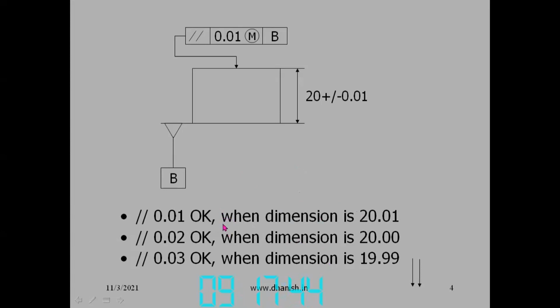That is the maximum material condition. If the thickness is decreased to 20.00, then a parallelism tolerance of 0.02 is also okay. And if the thickness is decreased to 19.99, that is 0.02 less, that 0.02 gets added to 0.01, and you get a parallelism tolerance of 0.03.